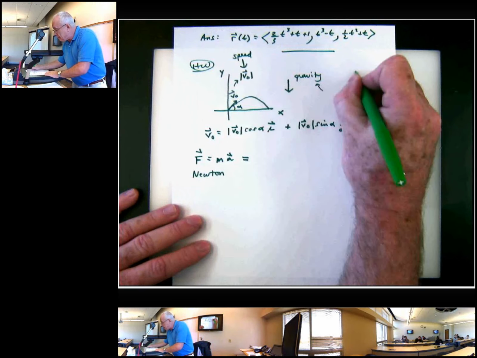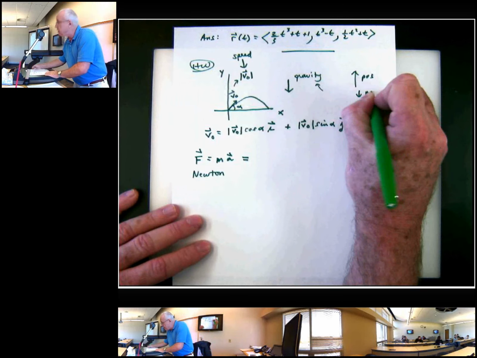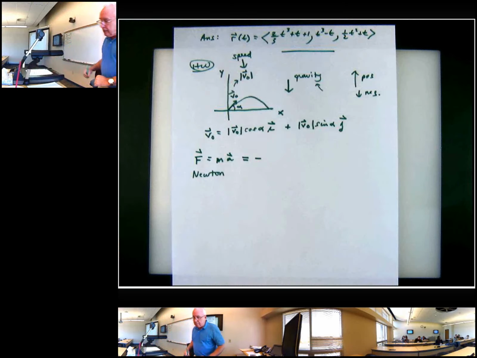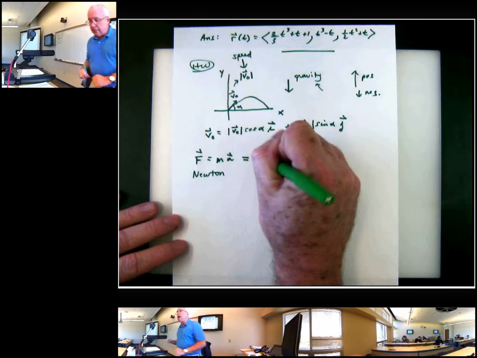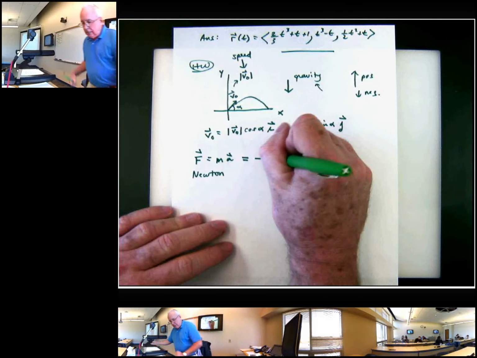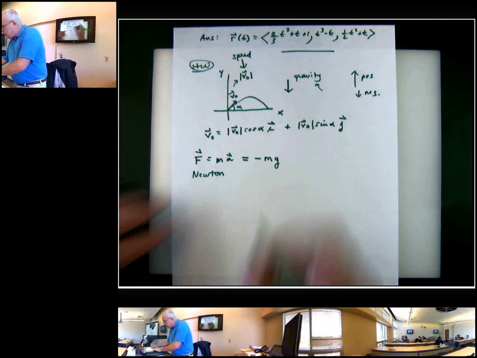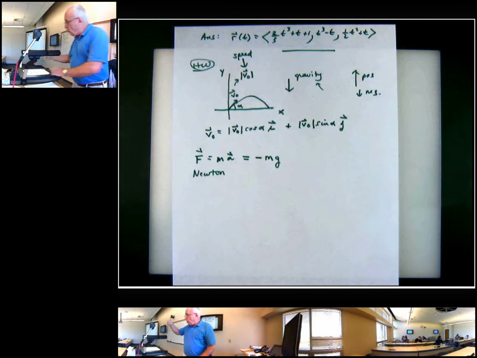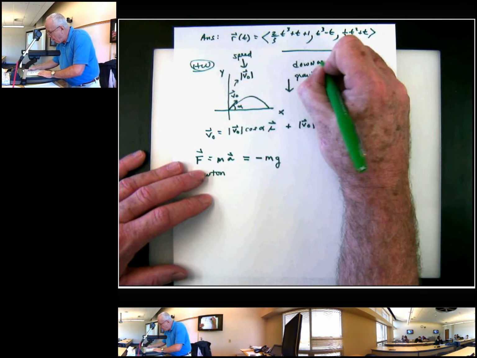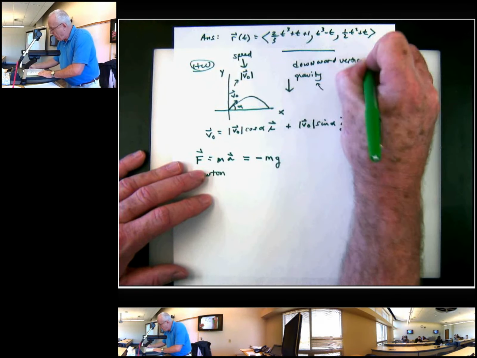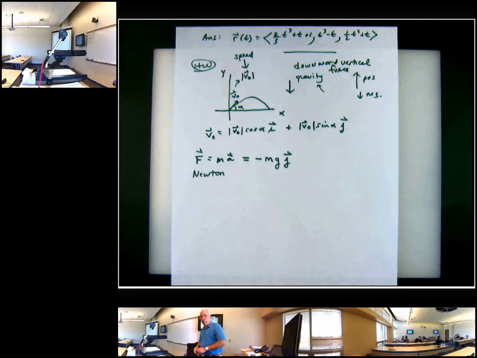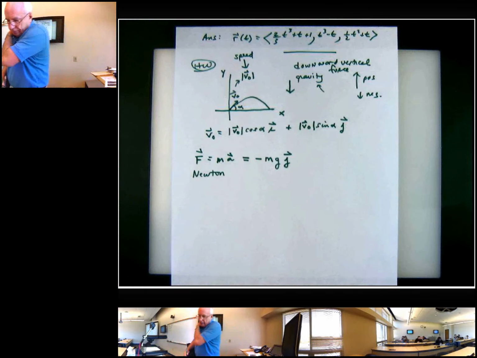Going up is positive, going down is negative. So the only force on this is minus the mass of whatever this object is times the acceleration, the gravity constant g, and this force is strictly a downward vertical force, so its vector component is j for the y component.